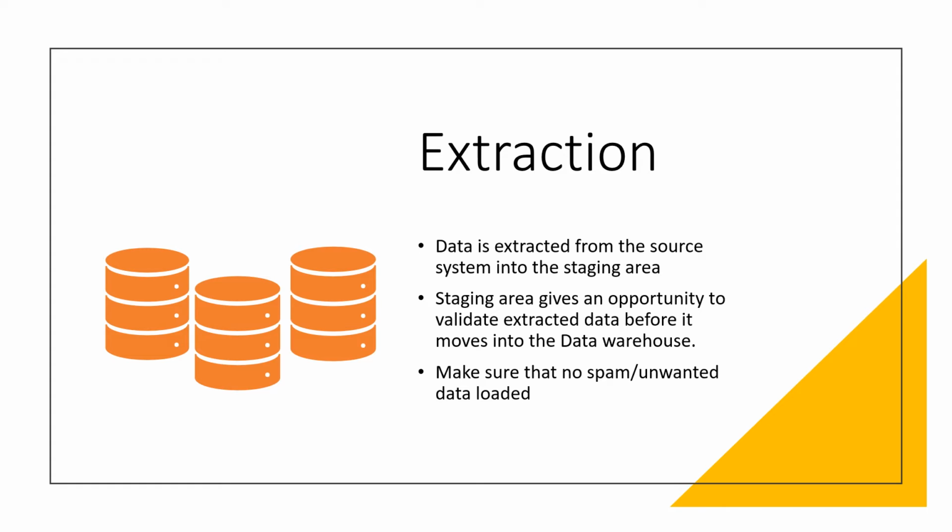Once all the data for a particular day is present in the banking system, then at a given time the extraction process will run and it will fetch all the data it generates for accounts and customers in the form of flat files. These flat files will be placed, let's say, on an FTP server where they can be consumed by the daily ETL process.